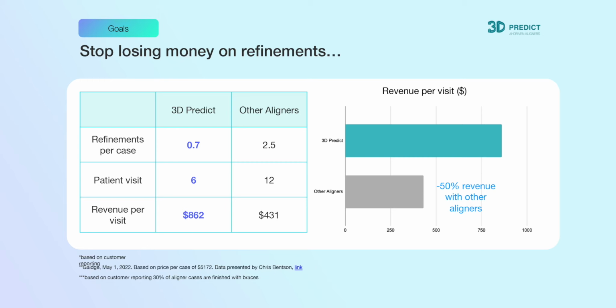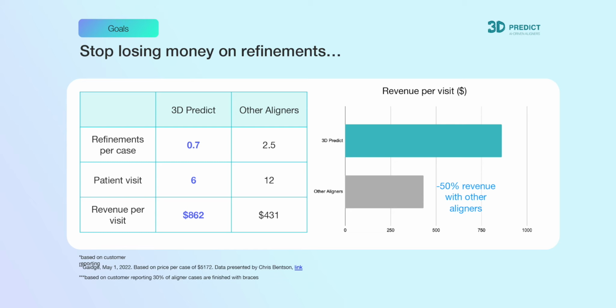Now, Chris Benson, who is a very renowned financial expert in the ortho world, the AAO has him in very high esteem. They invite him to the AAO annual meeting every year just to talk about finances for orthodontists.